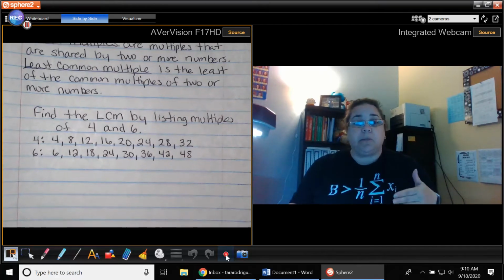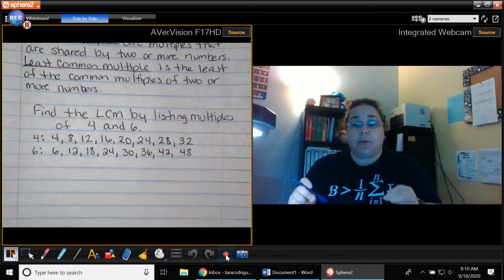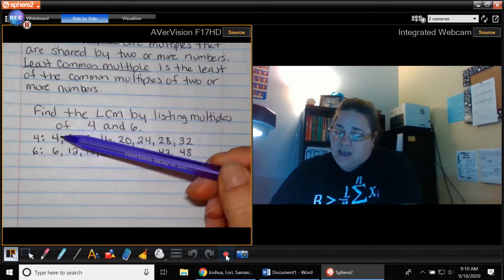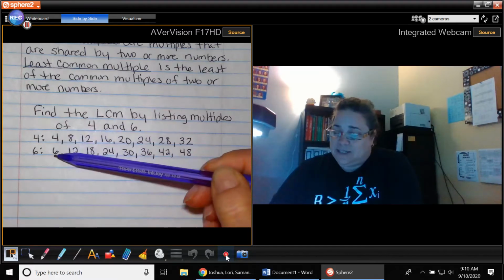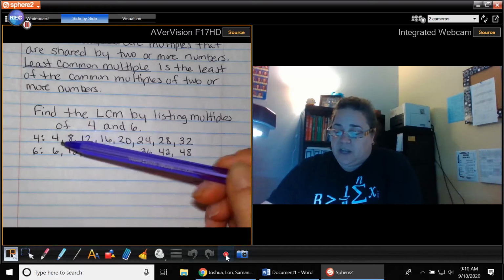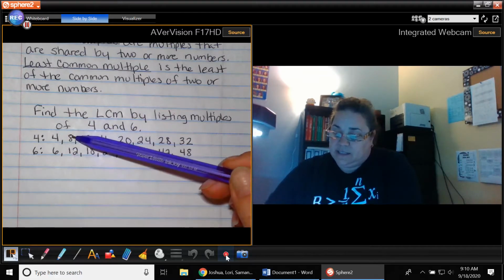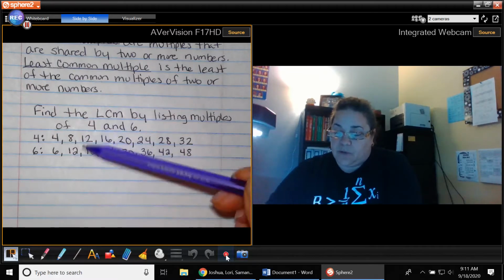Remember, common multiples are multiples that both numbers share. So my common multiples. Well, 6 does not share that multiple. 6, nope. 8, nope. 12, look at that.